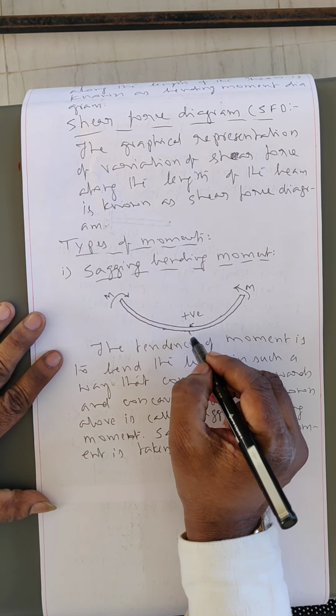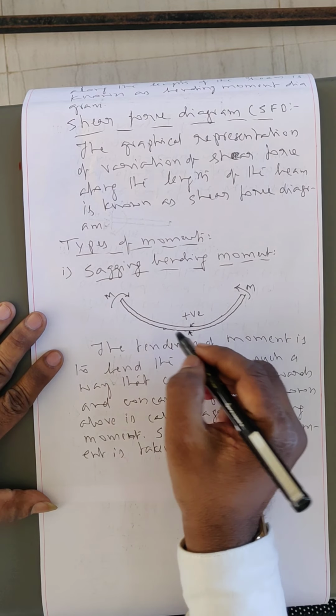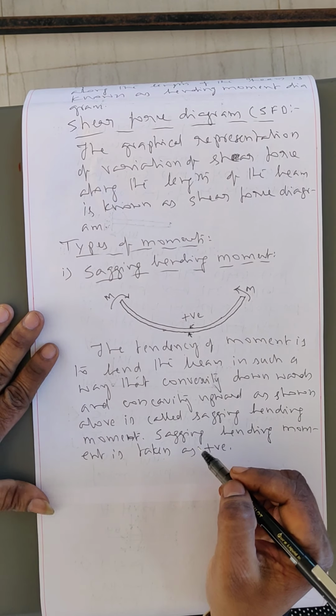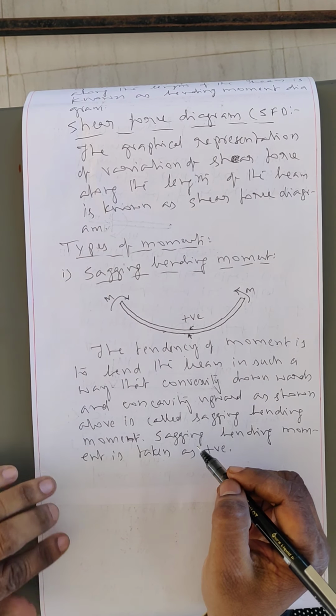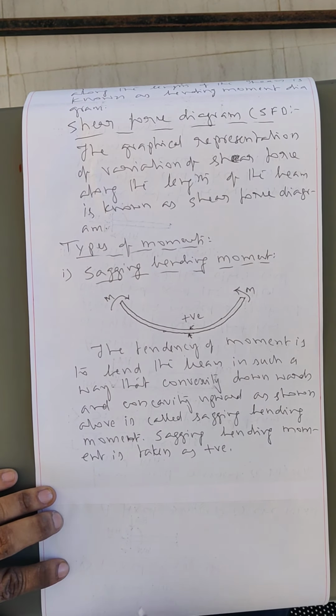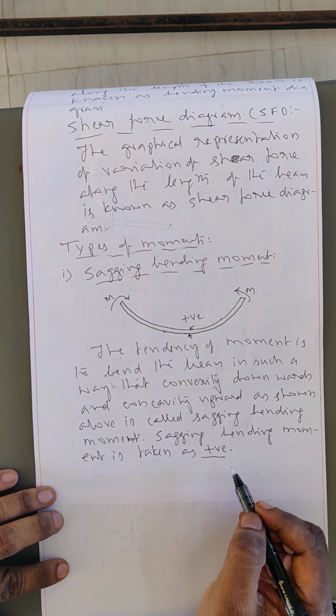The moment causing such bending is called sagging bending moment, and it is represented by a positive sign.